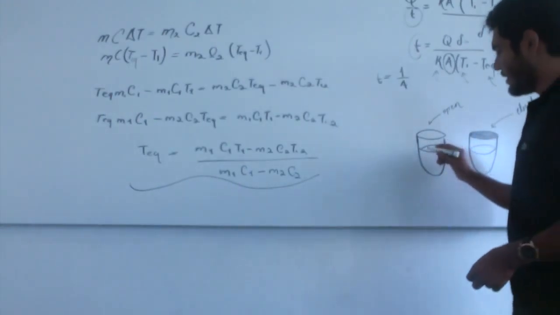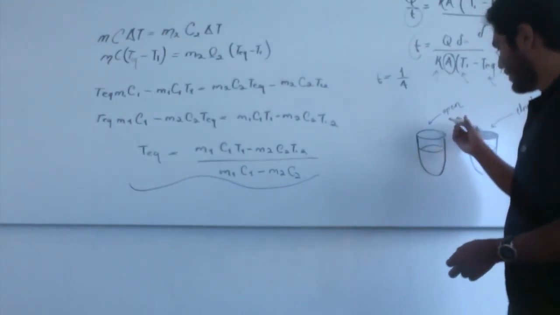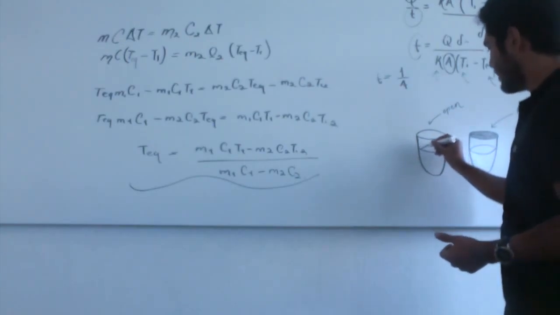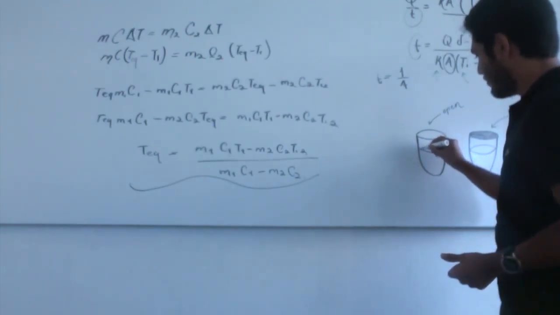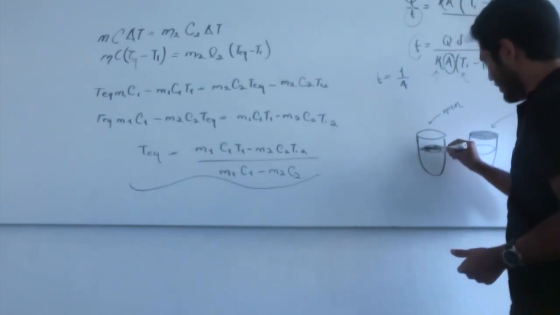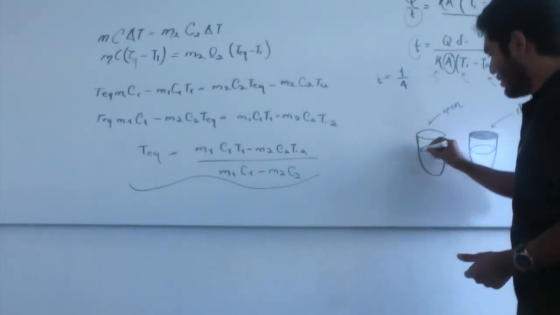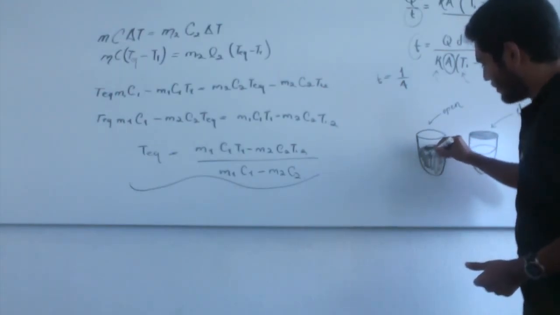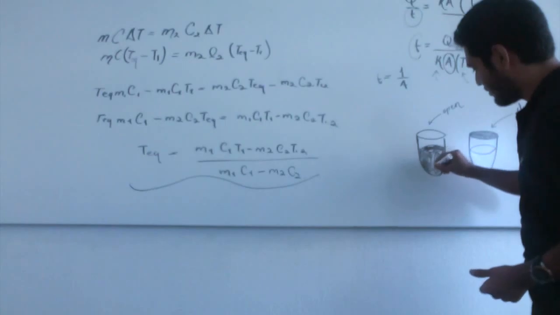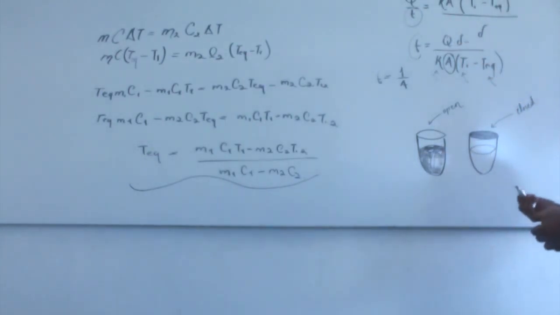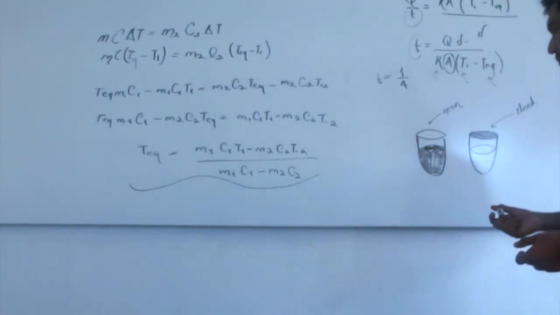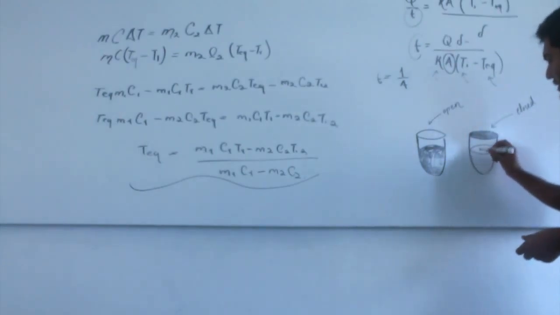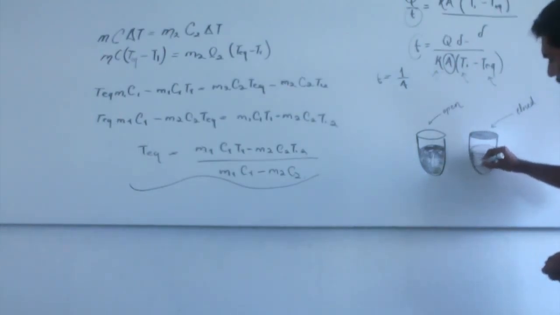So the area of the open system that is in contact with the environment is this part plus the part of the recipient that is in contact with the fluid. And in the other, the only part that is in contact is the part of the recipient that is in contact with the fluid.